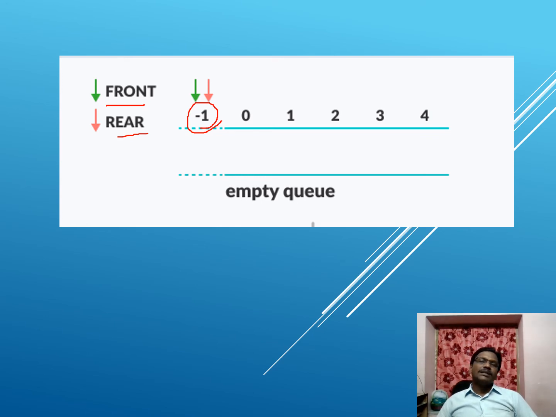That's why initially the front and rear are -1. In case you enter a value in the first position, that is the 0th index. So the empty queue is represented by front and rear equal to -1.